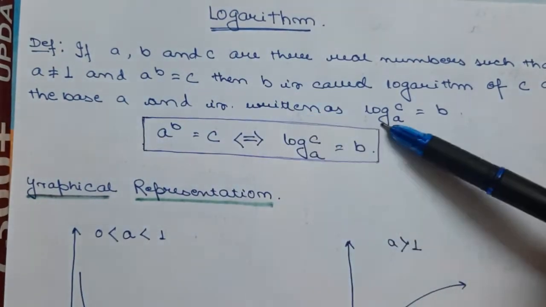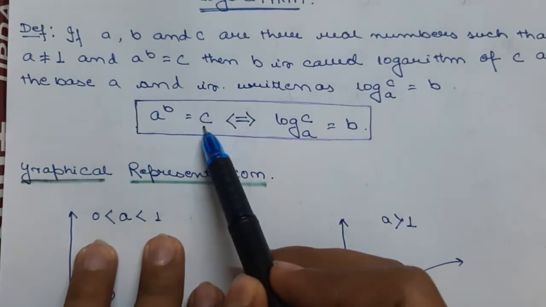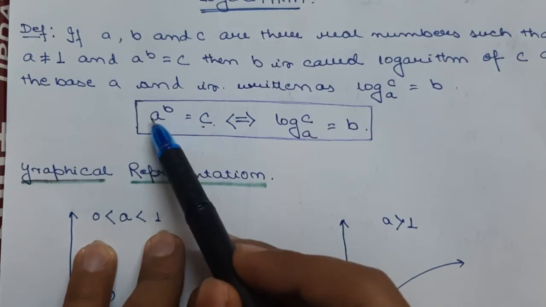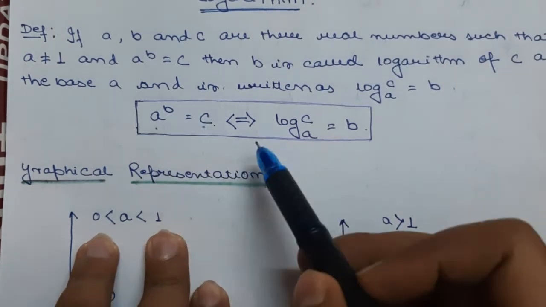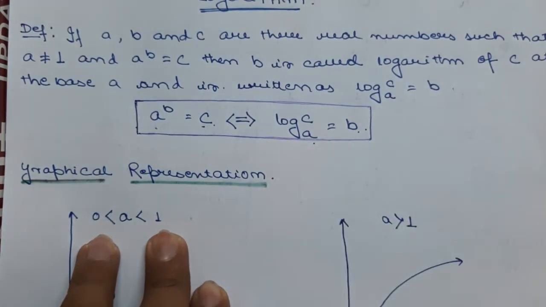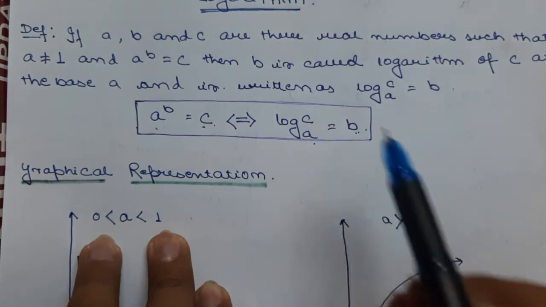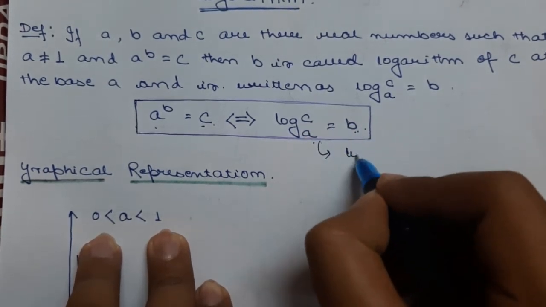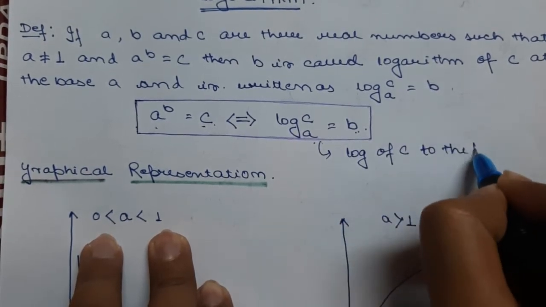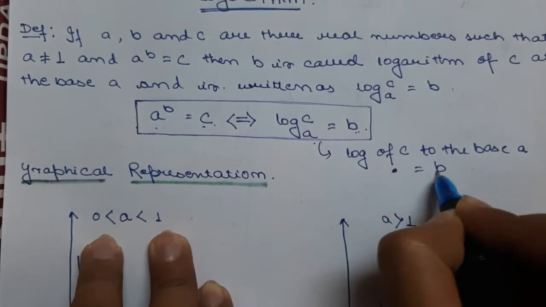This is written as log of c to the base a equal to b. It can be written as log of c to the base a equal to b.